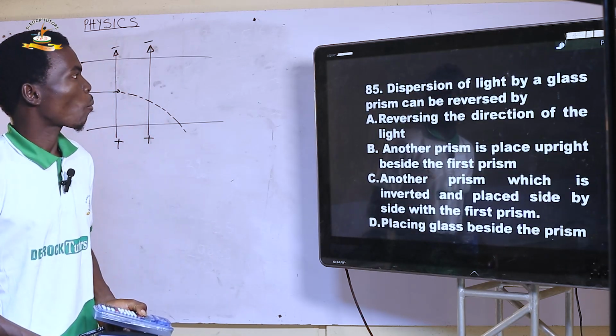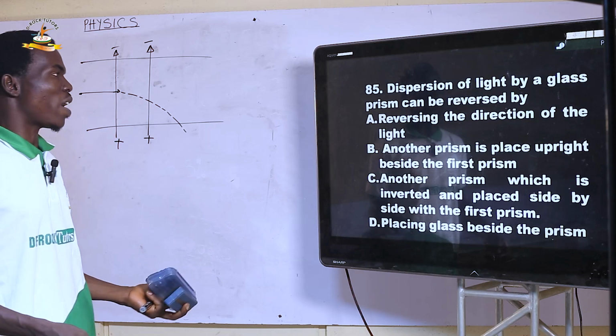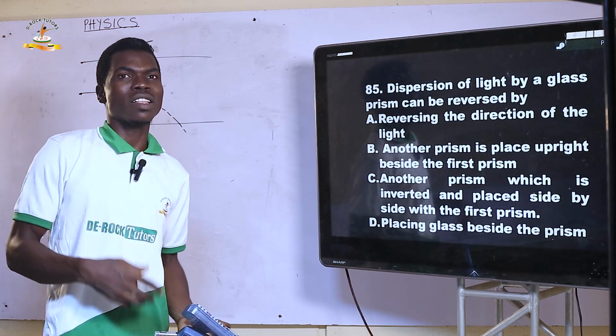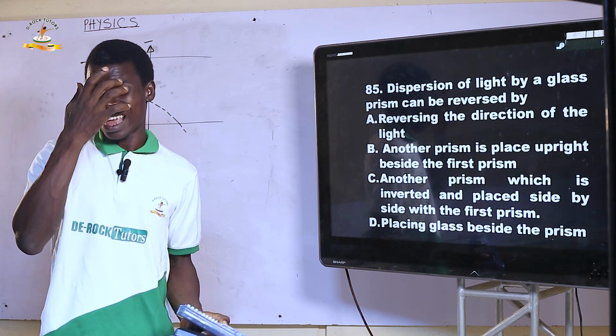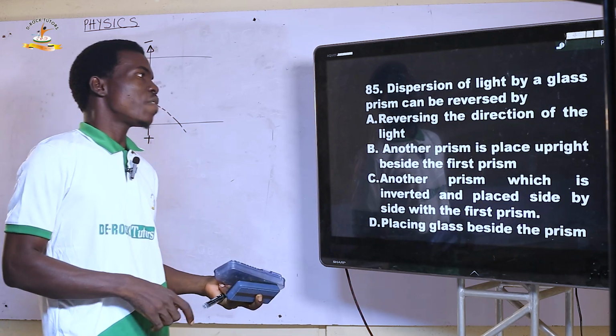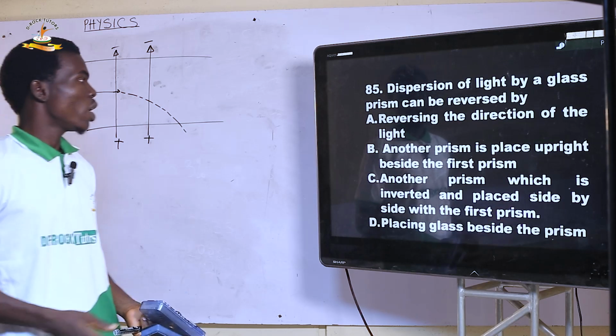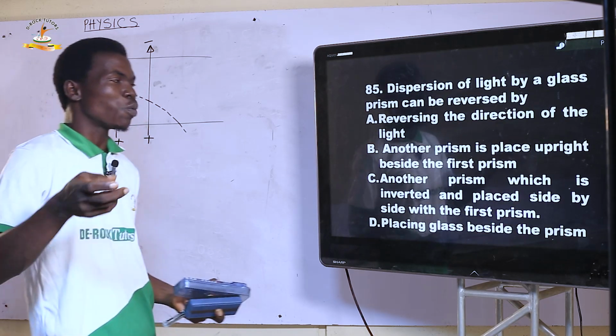Next, dispersion of light by a glass prism can be reversed by what? If you want to reverse the dispersion of light, you don't want the constituents of white light to be separated again, you want them to be recombined together. A, reversing the direction of the light? No. B, another prism is placed upright beside the first prism?